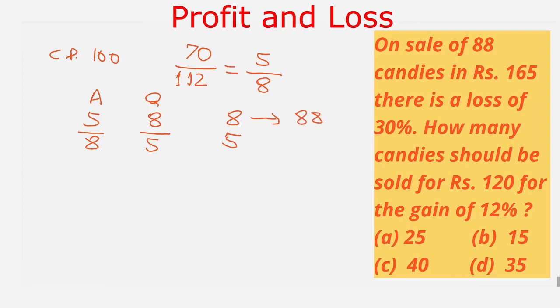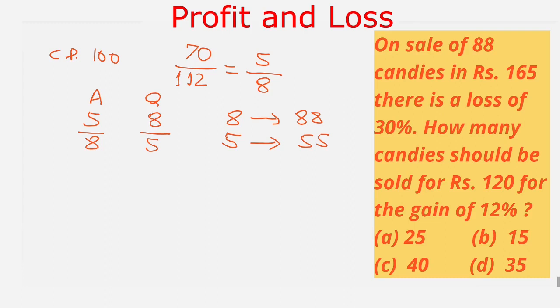Therefore 5 should be equivalent to 88 divided by 8, which is 11 times, and 11 times 5 is 55. So earlier we were selling 88 candies for rupees 165, and if we sell 55 candies in the same amount of rupees 165, then we are going to make the profit of 12% instead of loss of 30%.